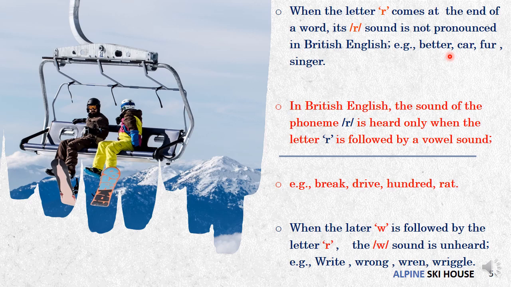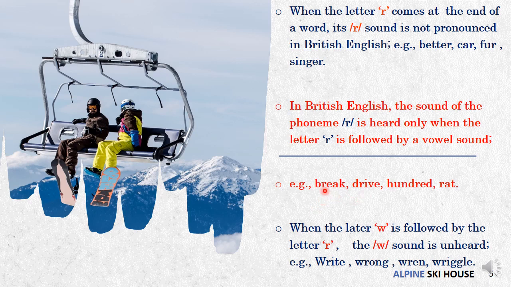Next point. In British English, the sound of phoneme R is heard only when the R is followed by a vowel sound. What are the vowel sounds? 12 pure vowel sounds, which are monophthongs, or 8 diphthongs. As we have already studied, there are 20 vowel sounds from A, E, I, O, U. So, in British English, the sound R is heard when the letter R is followed by a vowel sound, like break, drive.